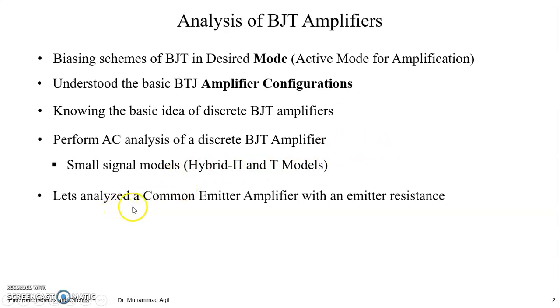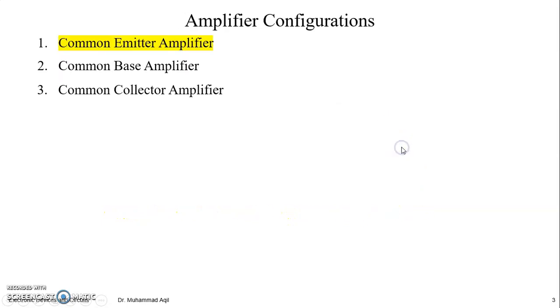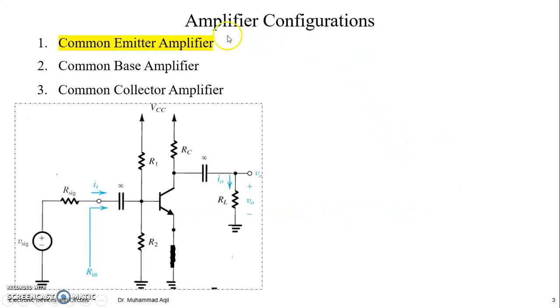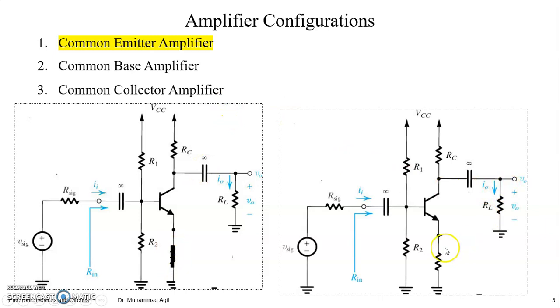Let's analyze a common emitter amplifier with an emitter resistance. Recall the configurations of BJT based amplifiers. Common emitter amplifier, this one with no emitter resistance, this one having an emitter resistance, right?